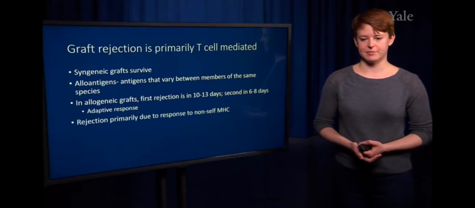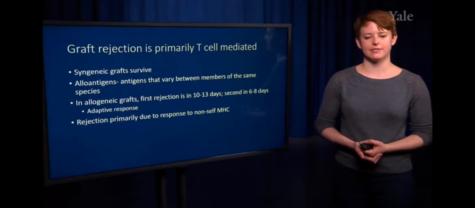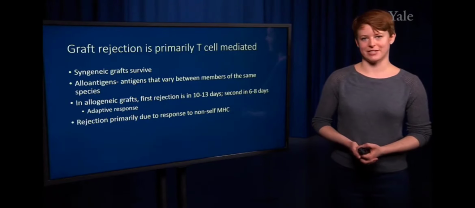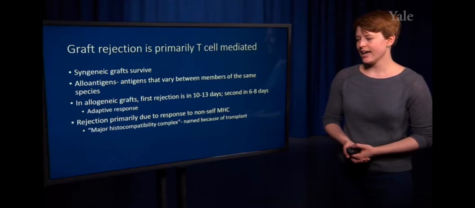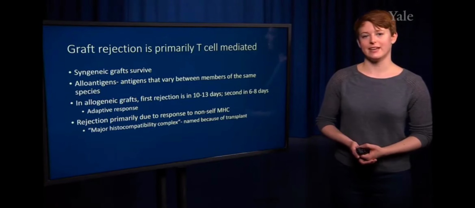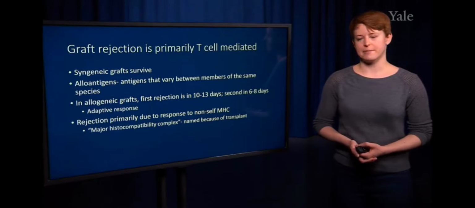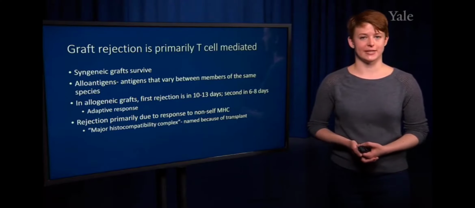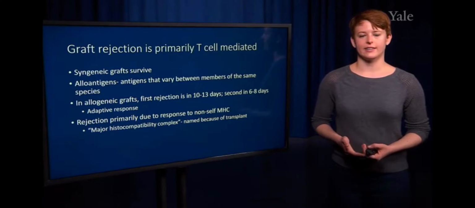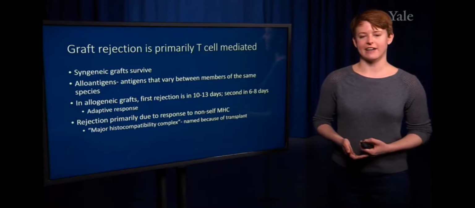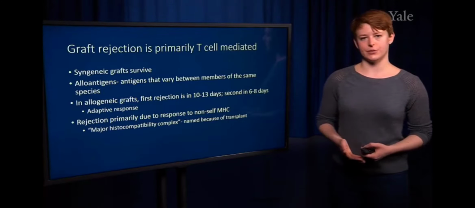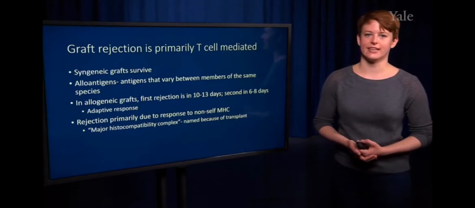And we also see rejection primarily due to a response to non-self MHC, which we'll discuss. And actually, MHC, the name Major Histocompatibility Complex, comes from experiments of transplantation. This idea of histocompatibility, or the ability of a graft to not be rejected, is due to the similarities or differences in MHC molecules between individuals.